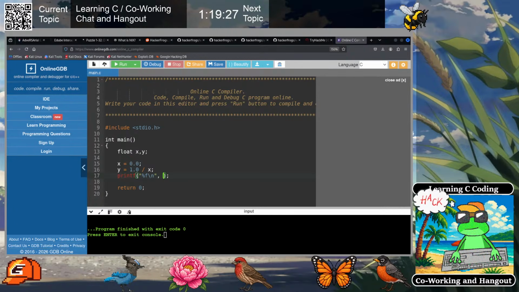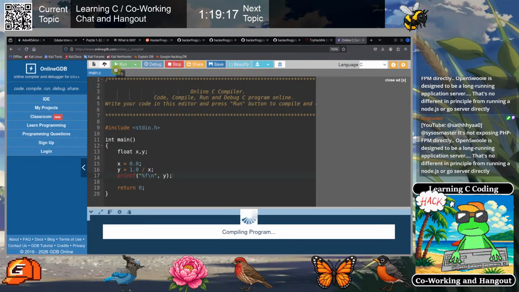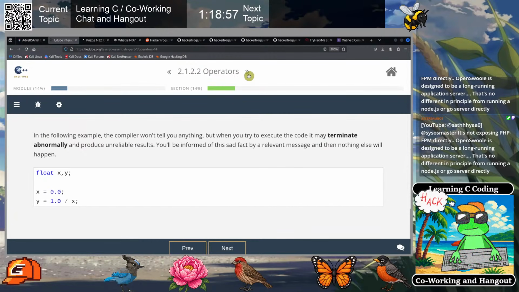And then we put y like that. Okay, and then we'll try running this. INF, so this is infinite, I think. So this particular compiler doesn't crash the program, but it does give you INF. I guess that stands for infinite. Okay, move on to the next thing.